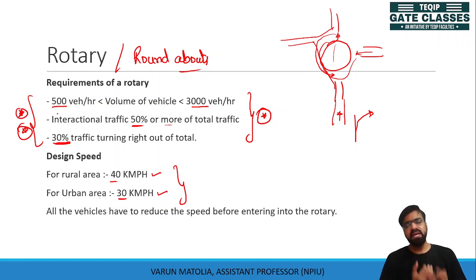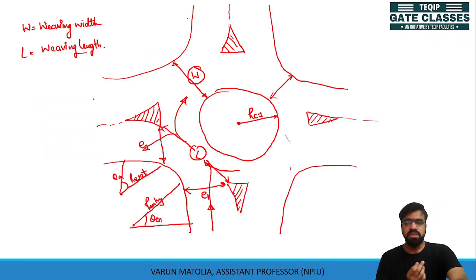Otherwise, the design of a rotary is not asked in your GATE examination, because it becomes a 10 marks question, and for a limited time duration, asking a 10 marks question for 2 marks is not possible. So remember these specifications, these will be asked in some way or another. This is all about your rotary.